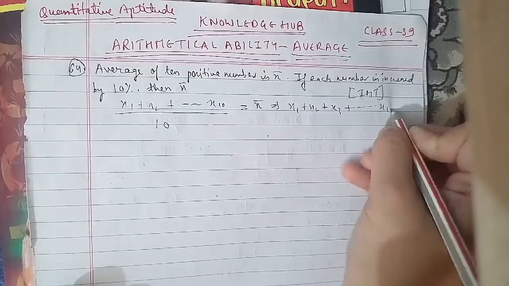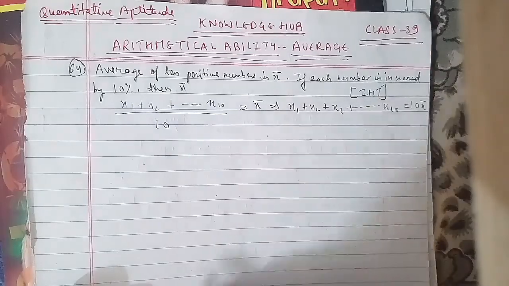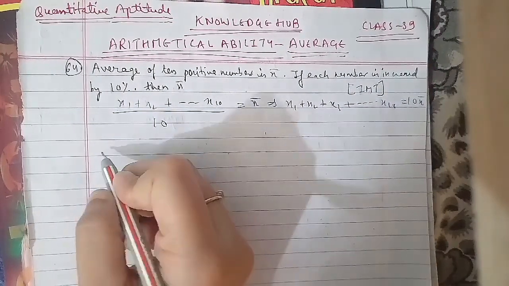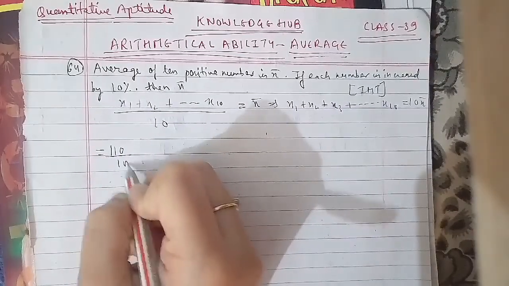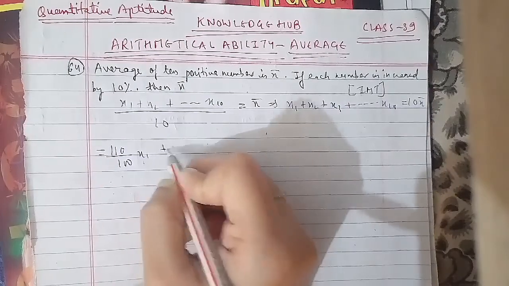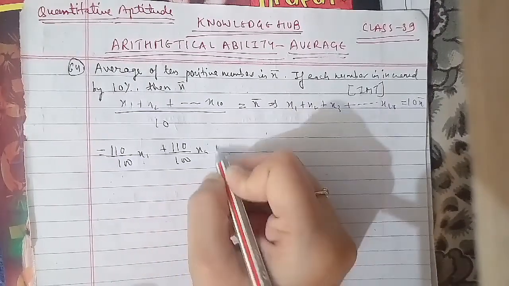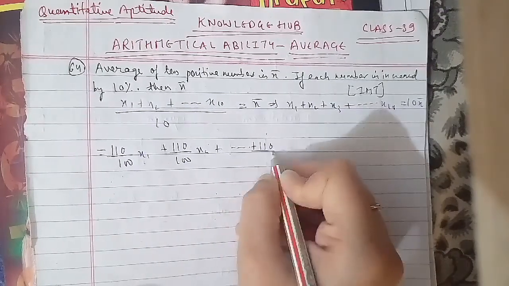Then after that, of course, that will be 110 upon 100 x1 plus 110 upon 100 x2 plus 110 upon 100 x10, equals 110 upon 100 into 10 x bar.